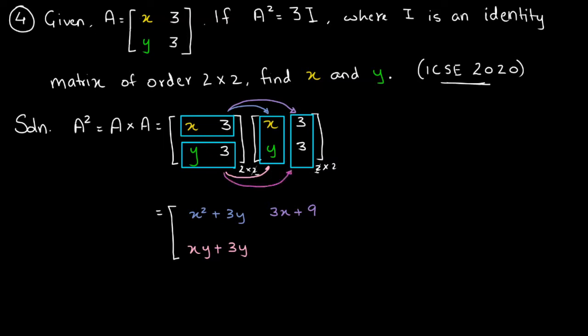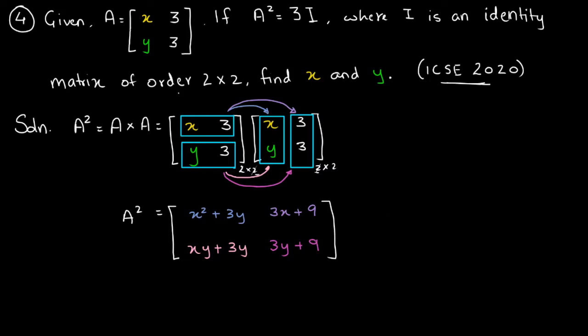It's y into 3, which is 3y, and 3 into 3, which is 9. So 3y plus 9. This here gives me the value for A square. You can see it's a 2 by 2 matrix.